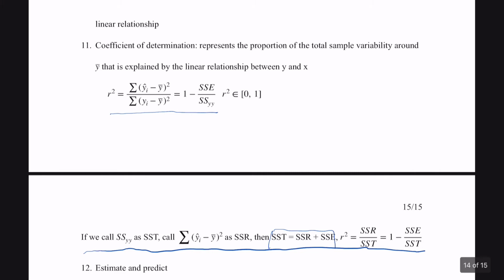You're going to call Syy as SST, and you're going to call this SSR, and we have introduced the SSE. This is the minimum value we want to find, and they have such a relationship. You can use such a relationship to calculate the square of r.